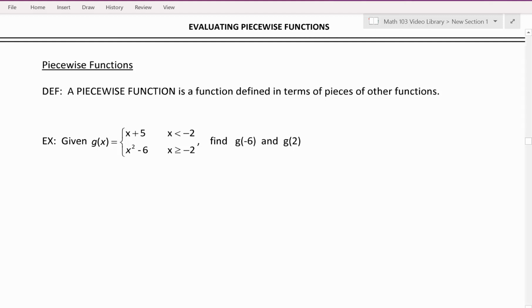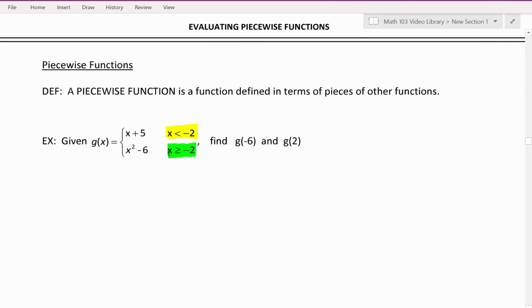Given that g of x equals x plus 5 when x is strictly less than -2 and x squared minus 6 when x is greater than or equal to -2, we want to find g of -6 and g of 2. The way that we read these piecewise functions is this second portion where it has the inequality with the x.